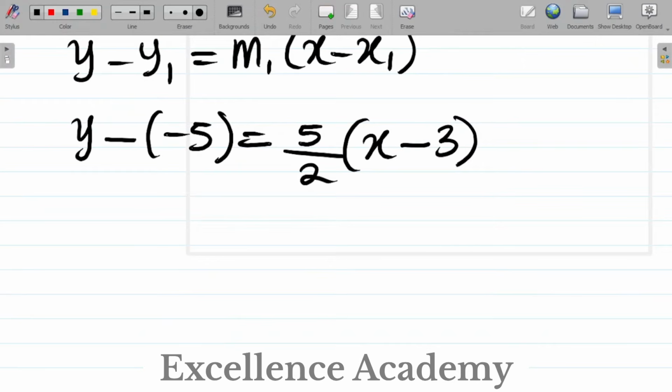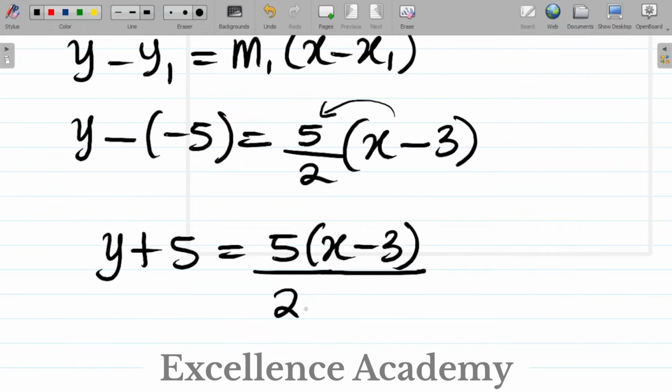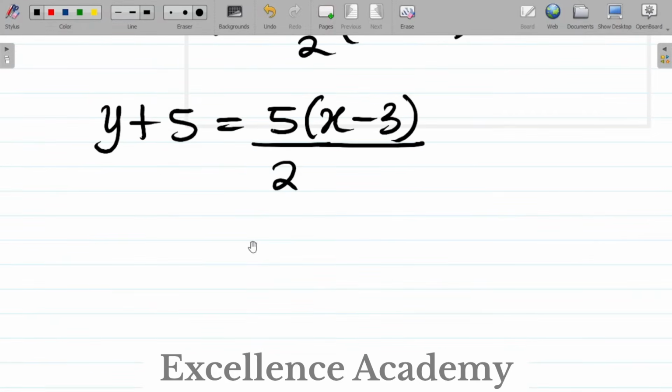All right, working on this, y minus minus 5 is y plus 5, which is equal to 5 over 2 times x minus 3. This becomes 5 into x minus 3, all over 2. Now to solve this, all you have to do is cross multiply.